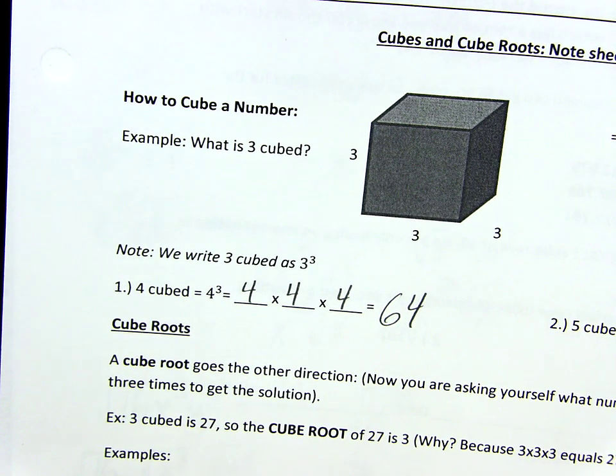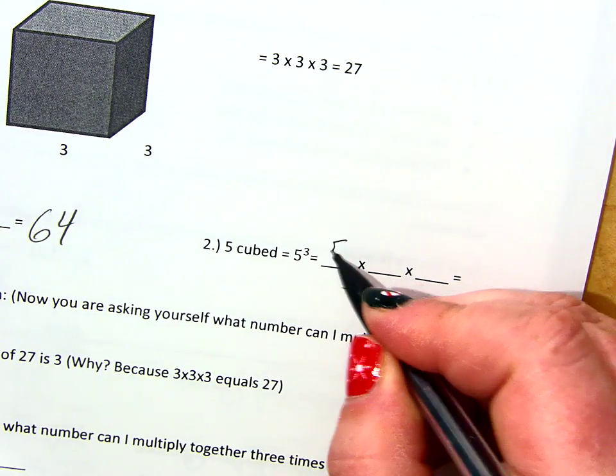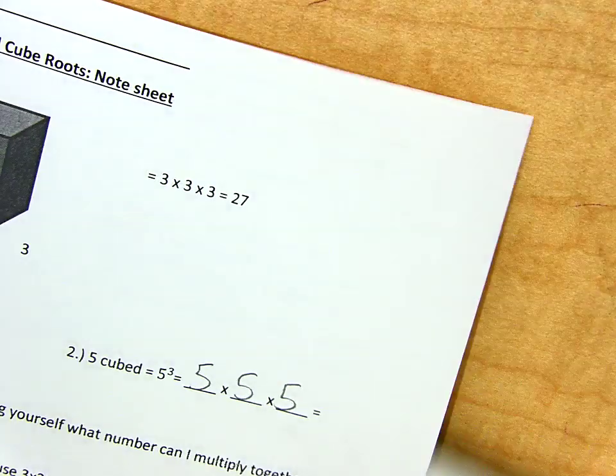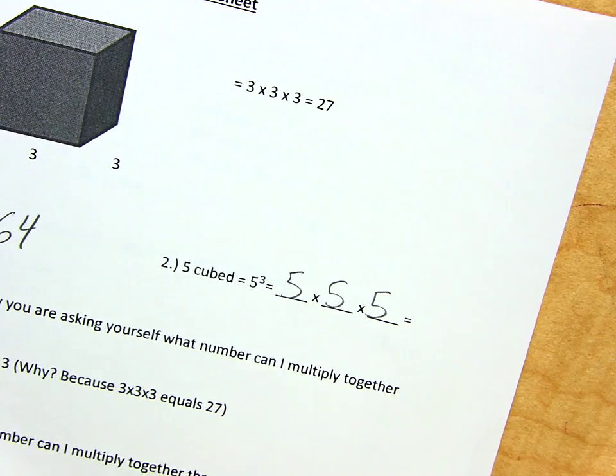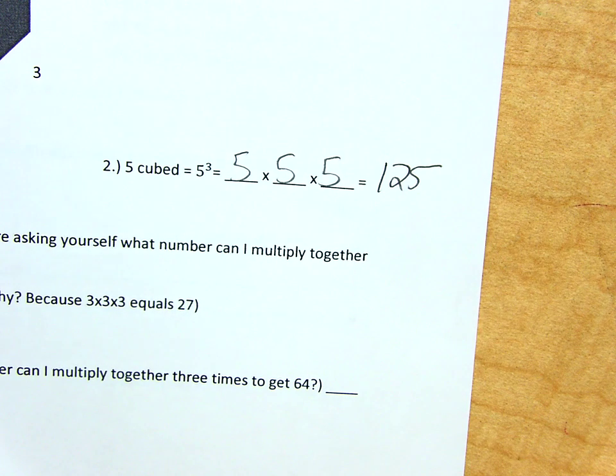So, just like we had perfect squares, we're going to have perfect cubes. Okay? So, the second one, 5 to the third, really just means 5 times 5 times 5, of course. And if you multiply those three together, you get 125. Okay? So, these are numbers that we would refer to as perfect cubes.